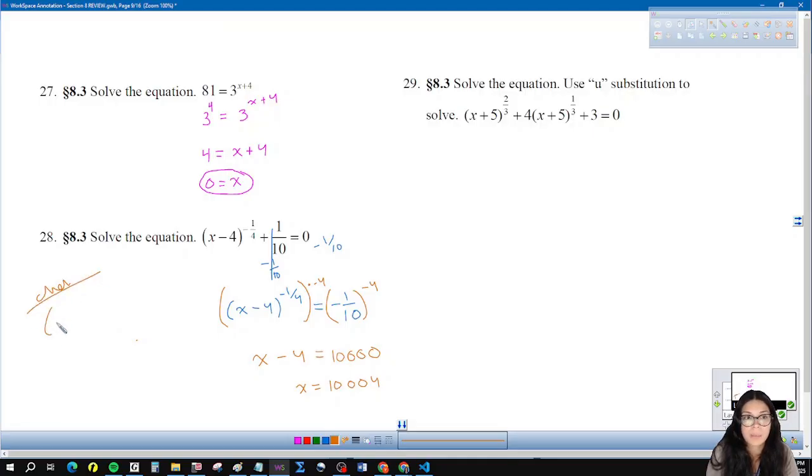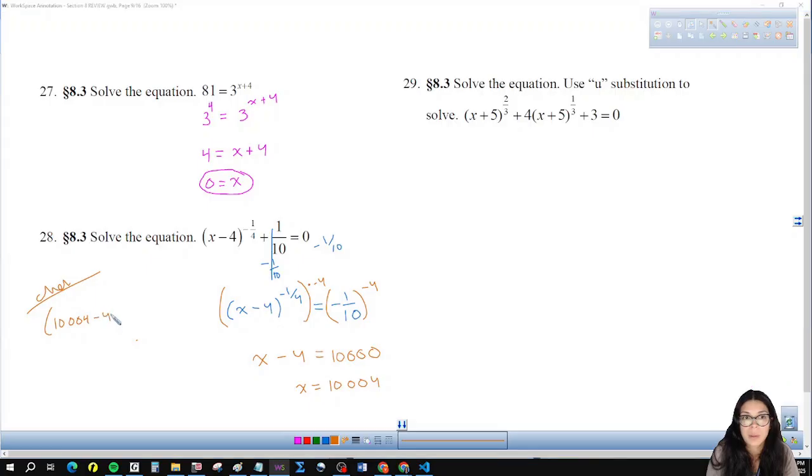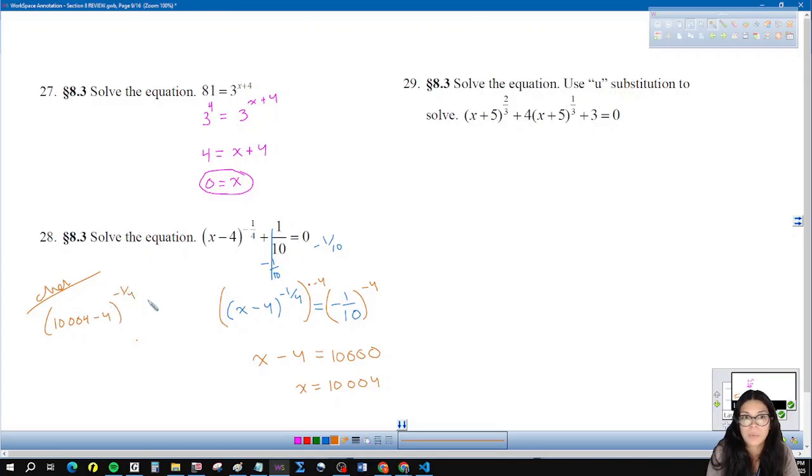So to check this, I'm going to plug in 10,004 minus 4 to the power negative 1/4 plus 1/10. The question is, does that equal 0? So of course, the 10,000 minus 4 will be 10,000.